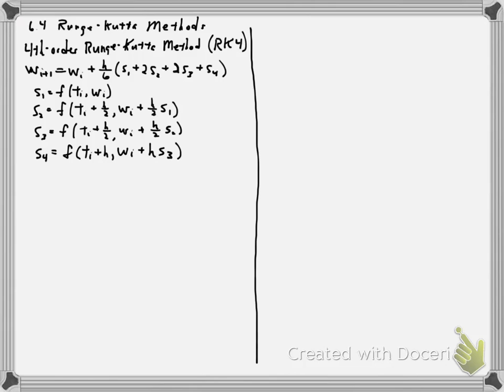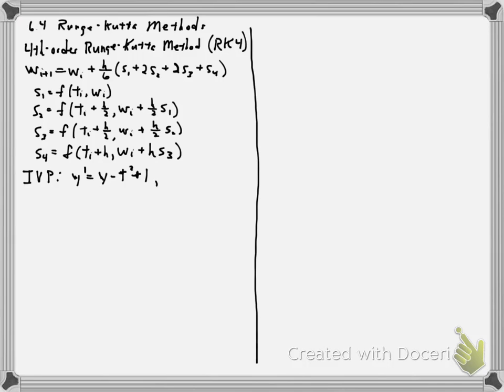Okay. So the example we'll look at. The initial value problem we will consider is y prime equal to y minus t squared plus 1. This is the differential equation.